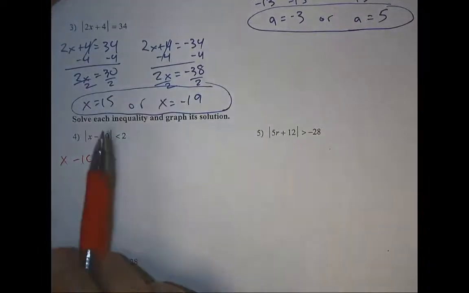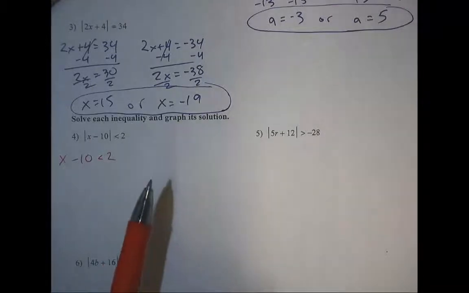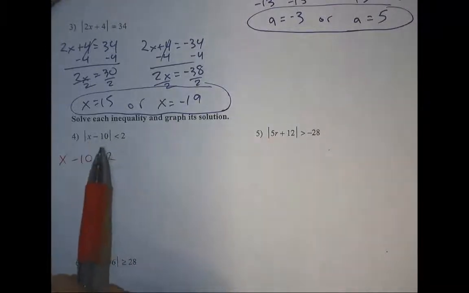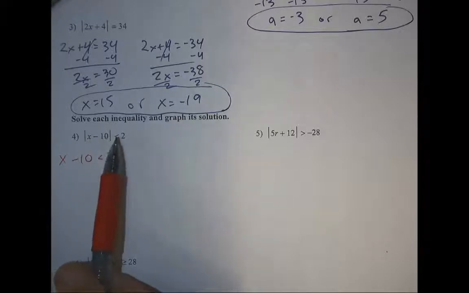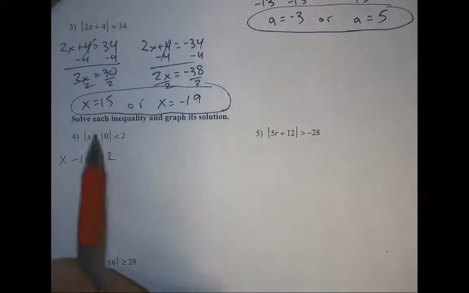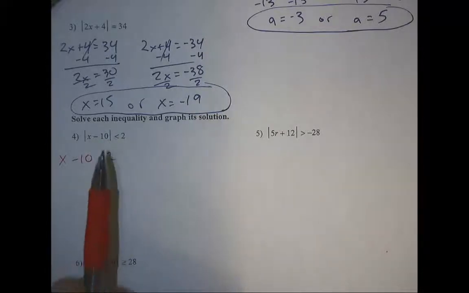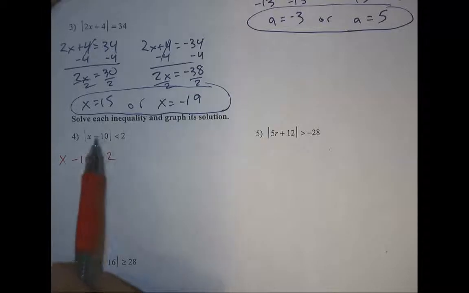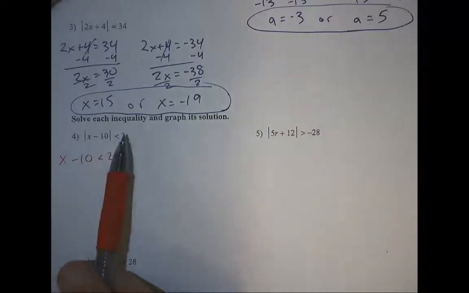But if I'm coming up with negative numbers that make this still less than 2, after I take the absolute value, it can't be something like negative 10. Because if I get negative 10 inside of here, and then I take the absolute value, it becomes positive 10. And 10 is not less than 2. So it needs to create, after the absolute value, a positive number that is less than 2. For example, negative 1. If I get a negative 1 in here, and the absolute value then is positive 1, that makes this true. 1 is less than 2.